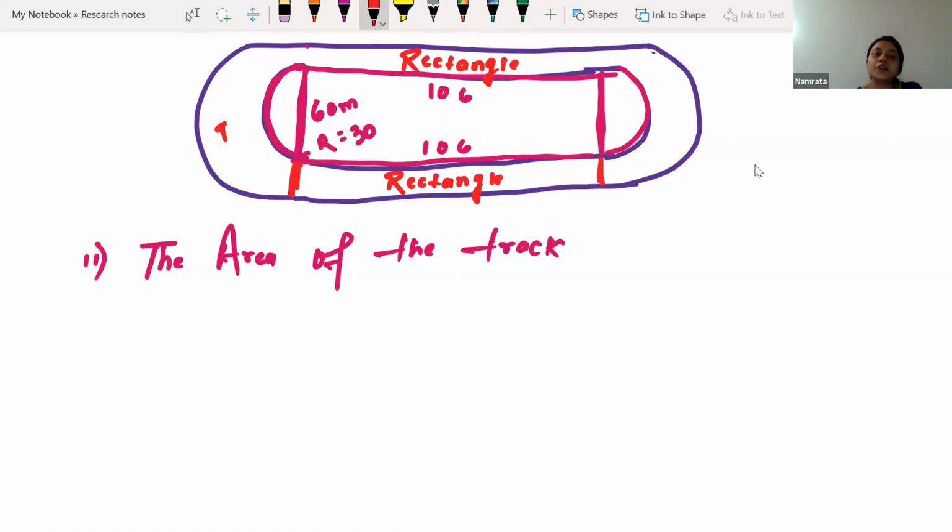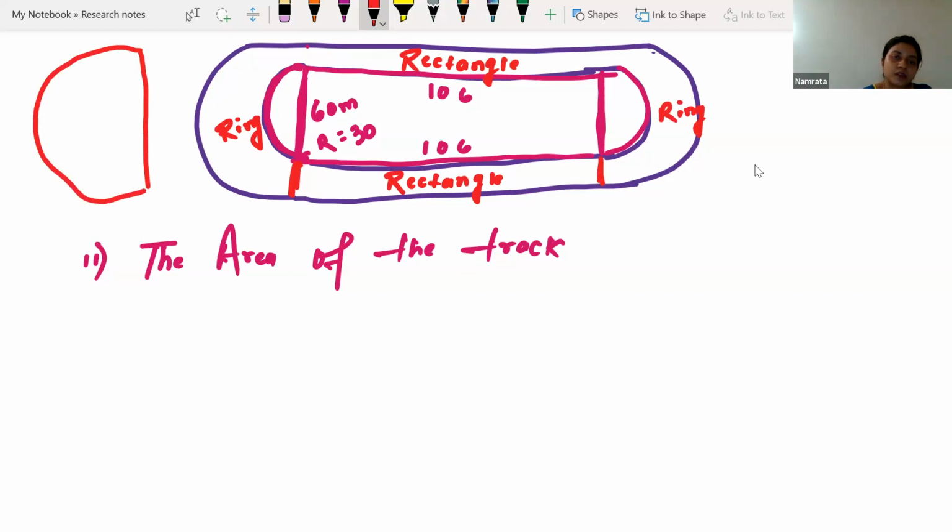And this is a ring kind of structure, a circular ring, whose area we find by subtracting the smaller circle area from the bigger circle area. Let me draw it separately. So we have a bigger circle like this one, and then a smaller circle like this, and we are only supposed to find this much area.